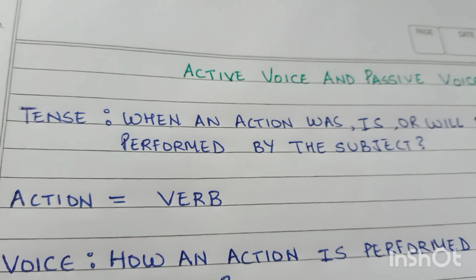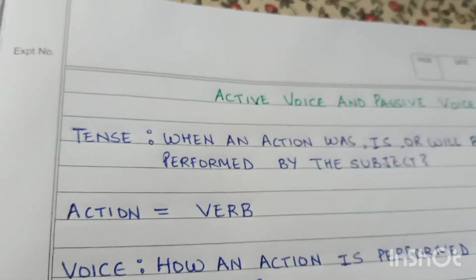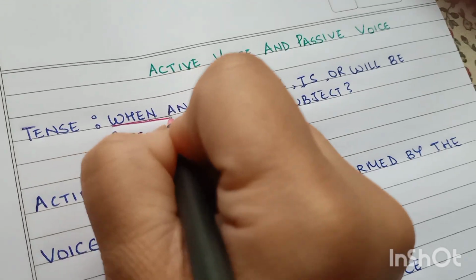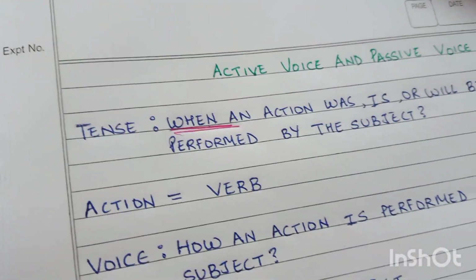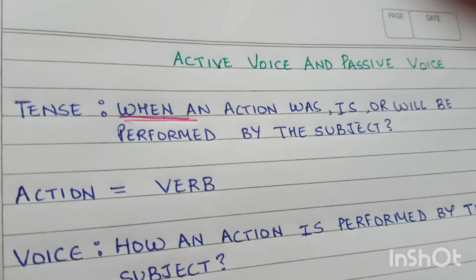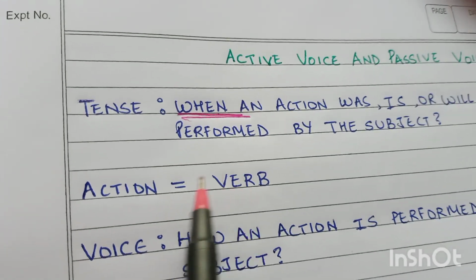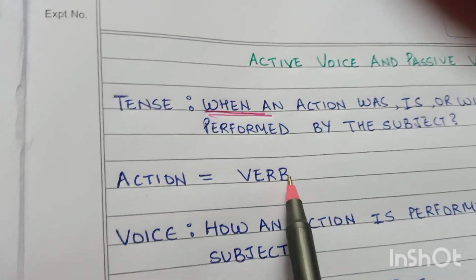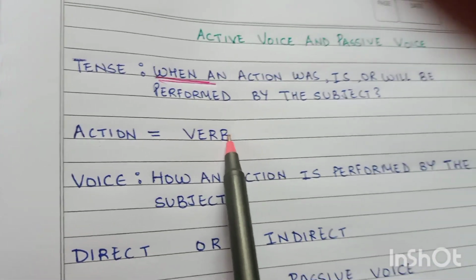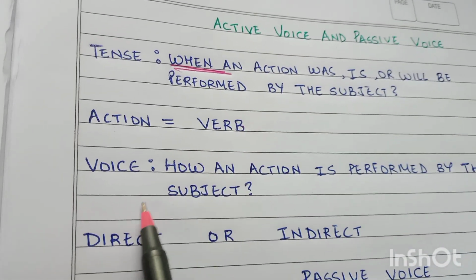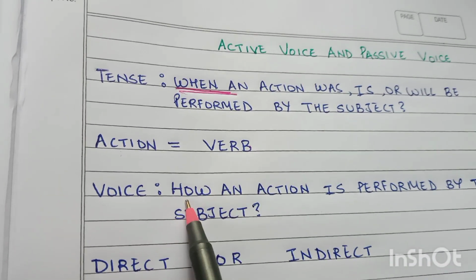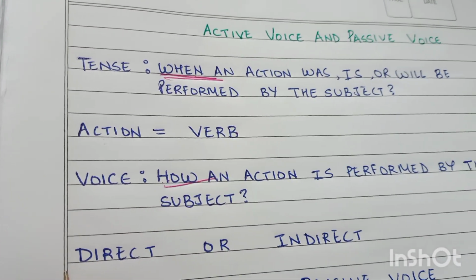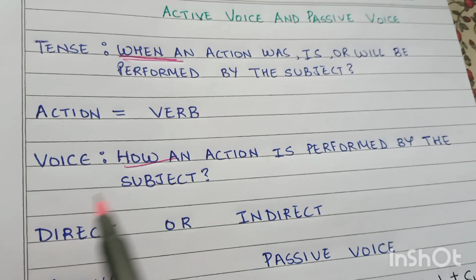So here we discussed when an action is performed. Okay, so when we talk about action, it is equivalent to verb in the English language. So in the same manner, voice is how an action is performed by the subject.